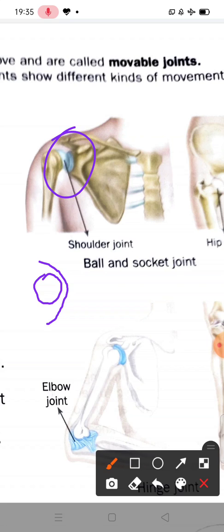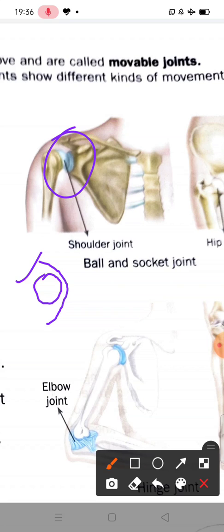So this ball and socket joint involves two bones, one with a round bowl-like end and the other with a cup-like cavity. The round end of one bone fits into the cup-like socket of the other bone. You can see here this bowl-like bone fits into the cup-like bone.